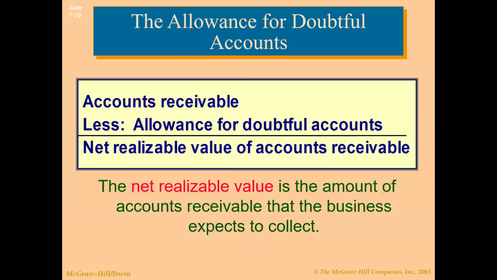In the balance sheet, it appears like this: accounts receivable, for example, is 100, and allowance for doubtful accounts, for example, is 2. So net realizable value would be 98, meaning that you will be able to get only 98.